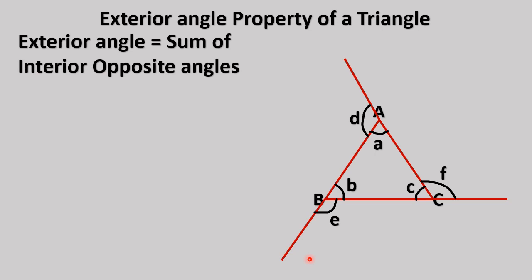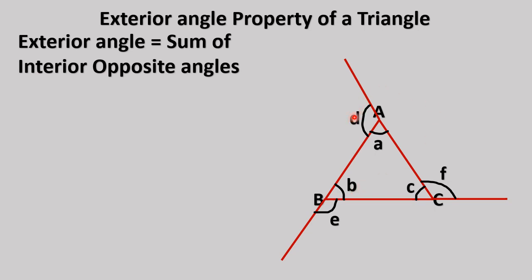So you should understand what these interior opposite angles are. For example, if you consider the exterior angle F, C is its adjacent interior angle, nearby, its pair. But A and B they are interior but opposite. So for this exterior angle F, A and B are the interior opposite angles.